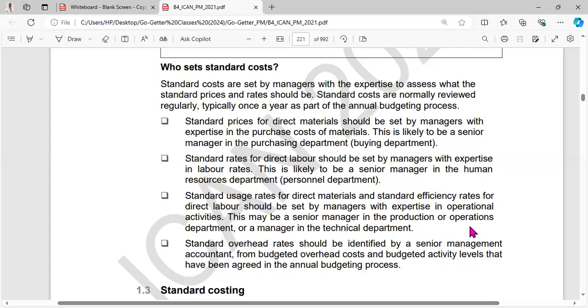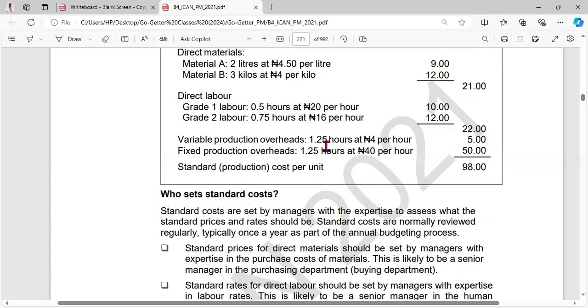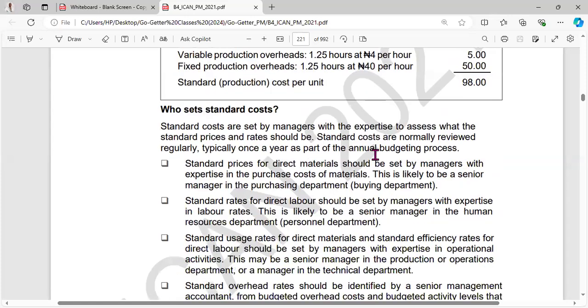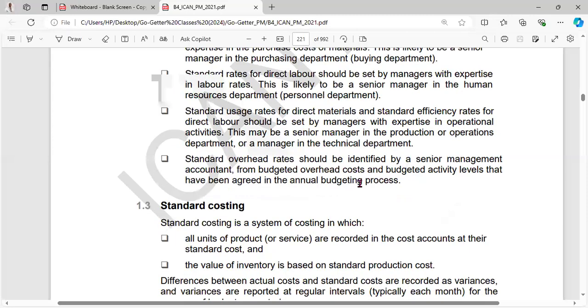Sometimes the operations manager may also be the production manager. Then the standard overhead rates is set by the accountant, the management accountant. So this overhead absorption rate, that is what is gotten by the accountant. This 40 naira is gotten by the budgeted or the accountant after doing this overhead absorption rate. All right, so we have seen all the people who bring all this to the table.